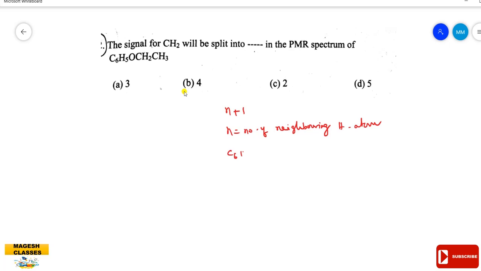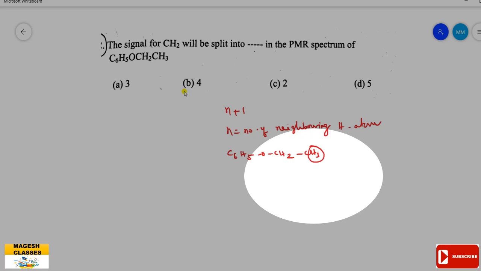In the formula C6H5OCH2CH3, the neighboring atoms with nuclear spin are 3 hydrogen atoms. So 3 plus 1 is equal to 4. So this signal will split into 4 lines. Your answer is B.